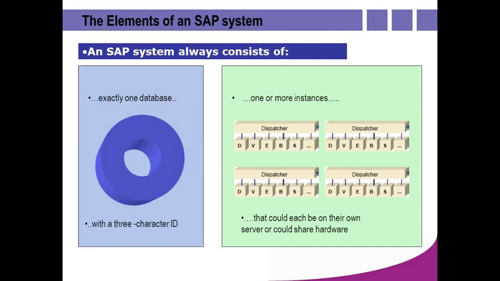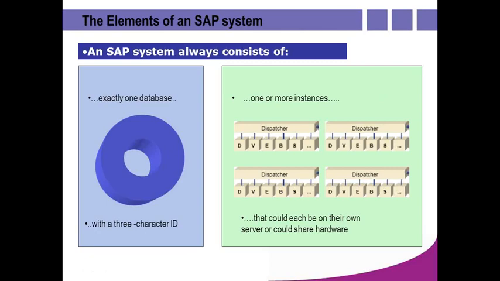Yes, as per this figure, we have 4 dispatchers. Excuse me, can somebody mute please? Thank you. Each dispatcher is associated with, containing some work processes. These work processes will help you to process your request.